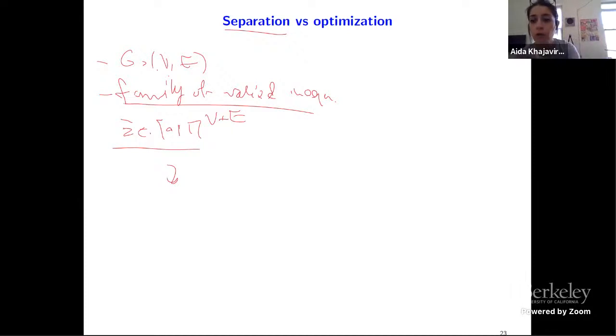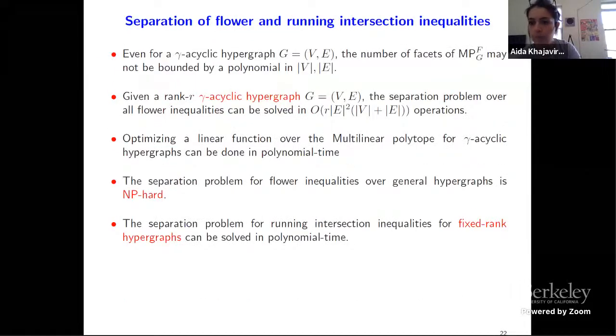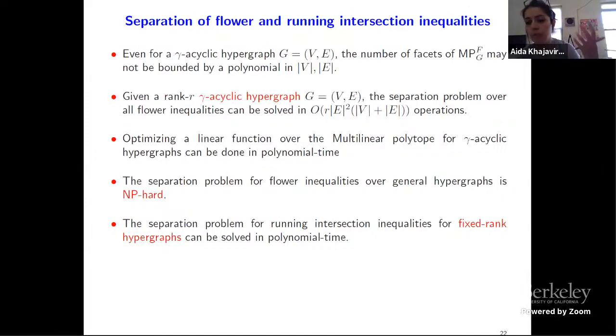What we can show is that if you have a gamma acyclic hypergraph, you can separate over flower inequalities in polynomial time, even though the flower relaxation itself has exponentially many facets. So that implies the optimization problem over gamma acyclic hypergraphs is polynomial.